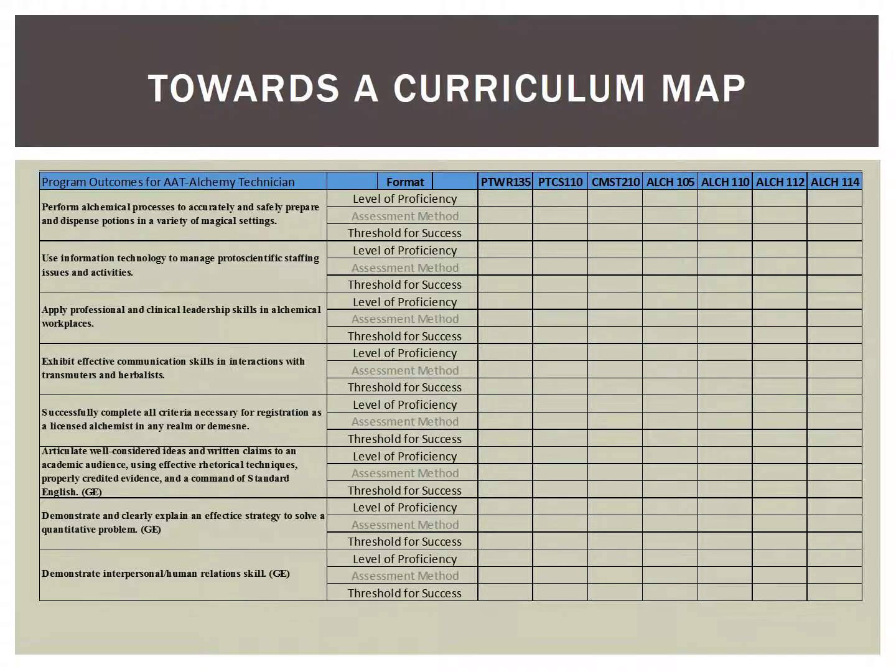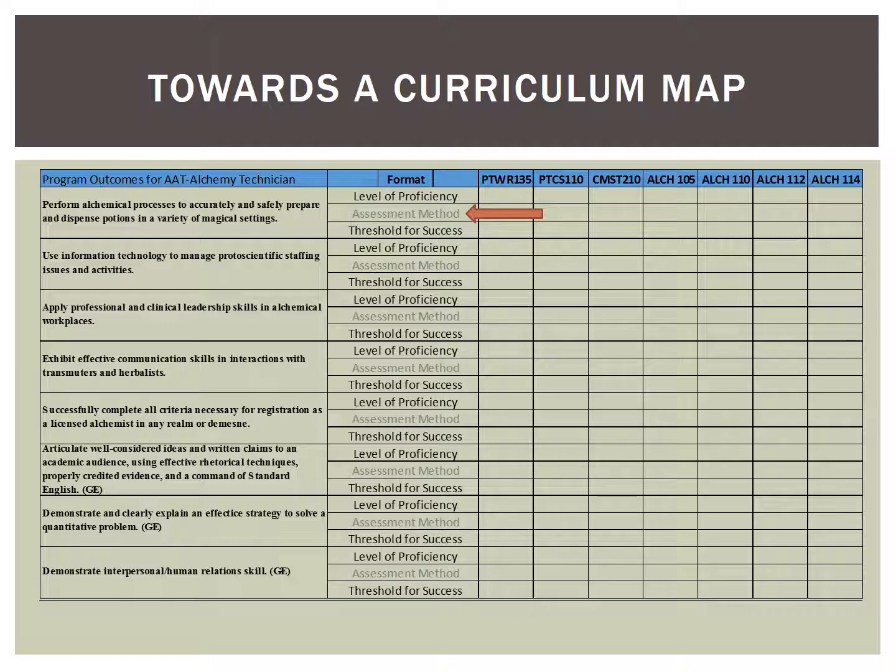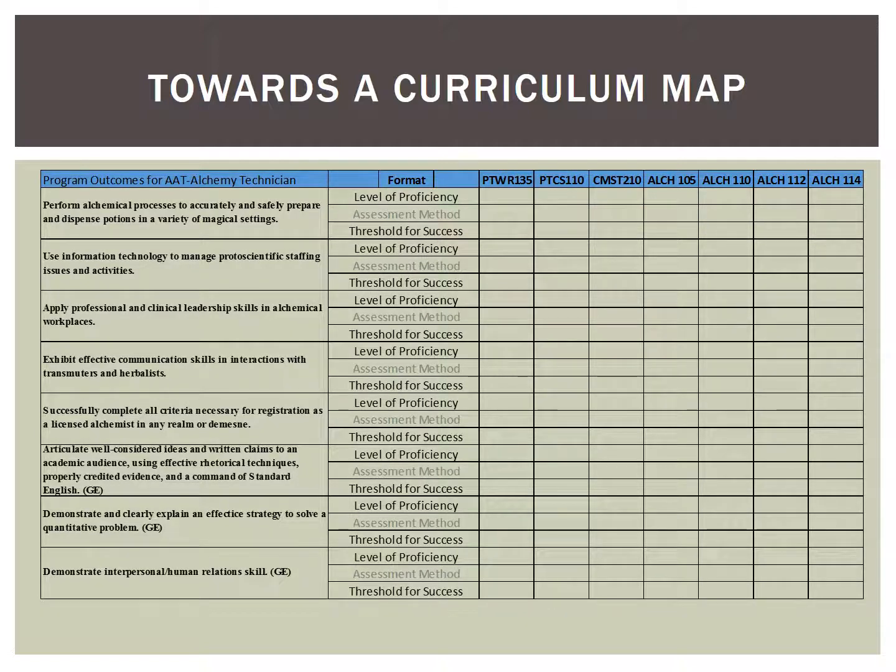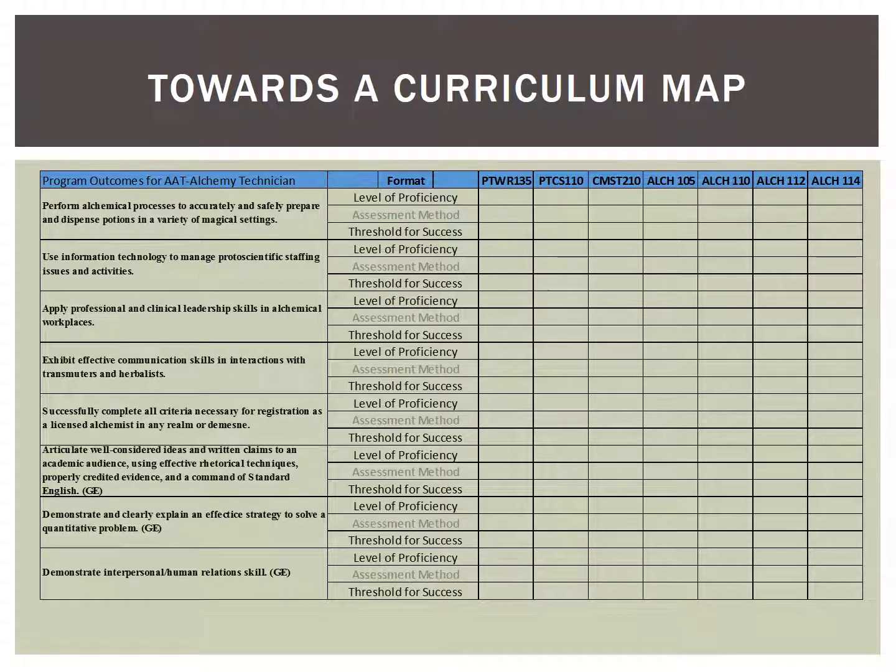You also see a second column here, which may seem a little busy, but if we look at each outcome on the left, you'll see that there are 3 rows. One which says level of proficiency, one which says assessment method, and one which says threshold for success. So what you're being asked to do for each course in your program is to identify first which outcome or outcomes that course helps a student to meet.